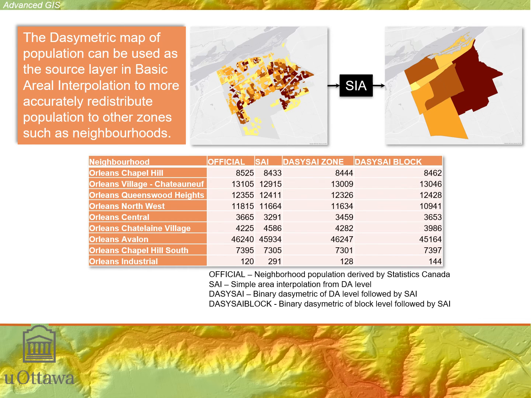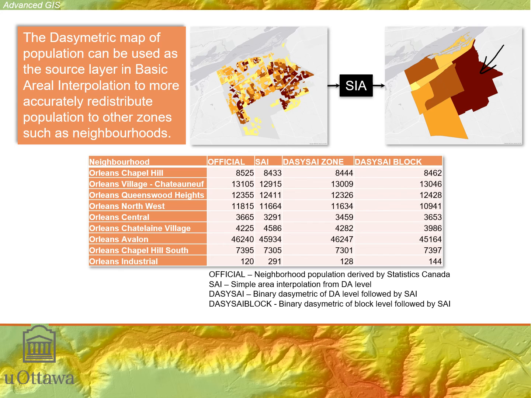Now, the Dasymetric map of population that we created right here, we could use that as the source data for a basic area interpolation to a higher geography, so a coarser level zonation. So this is the neighborhoods.